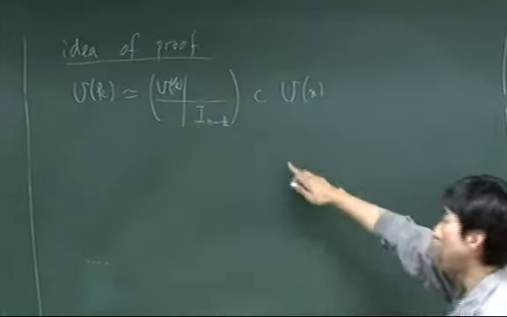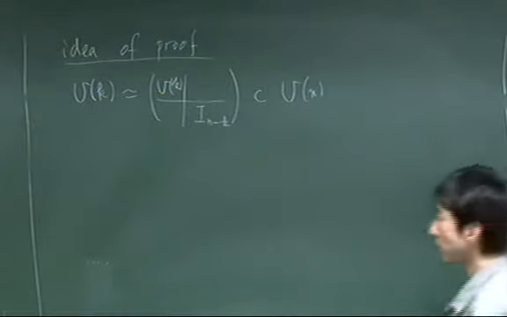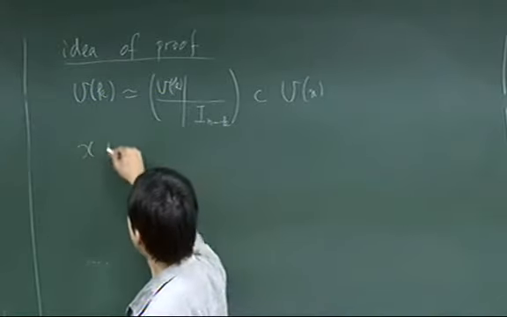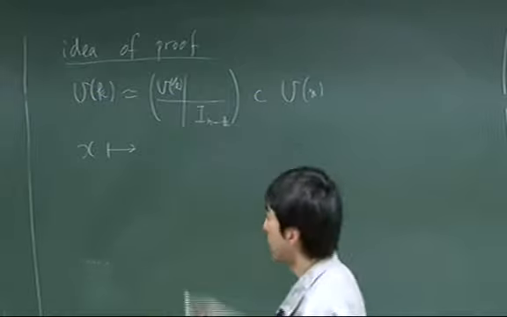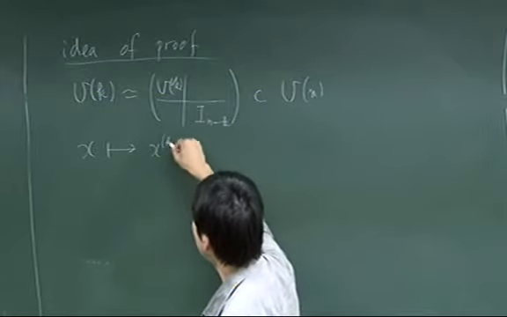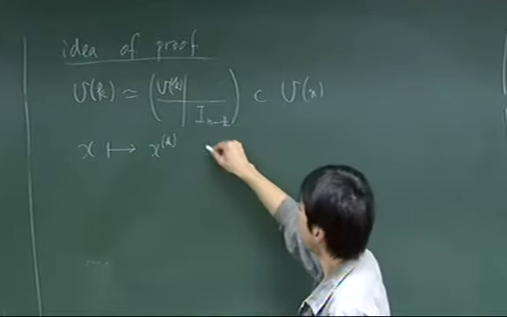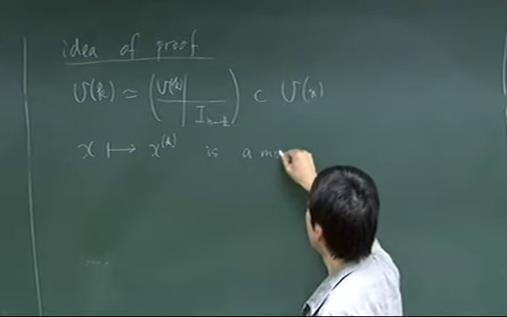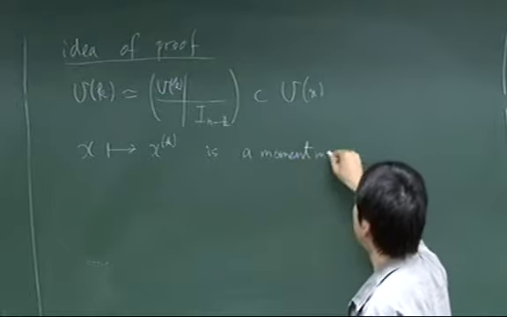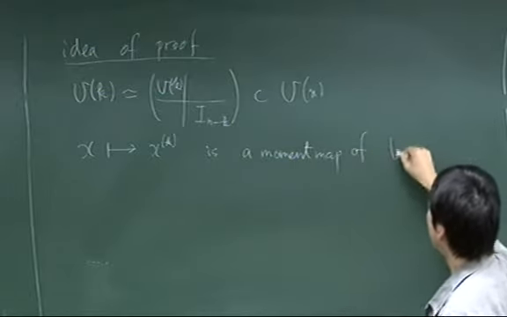Then the map X to taking its upper left corner is a moment map of this UK action on this O lambda.